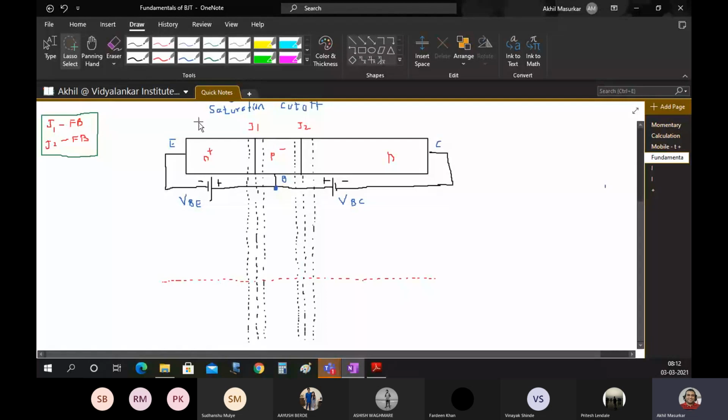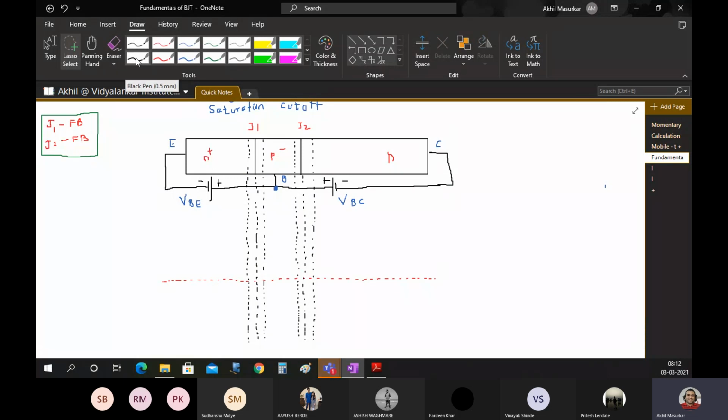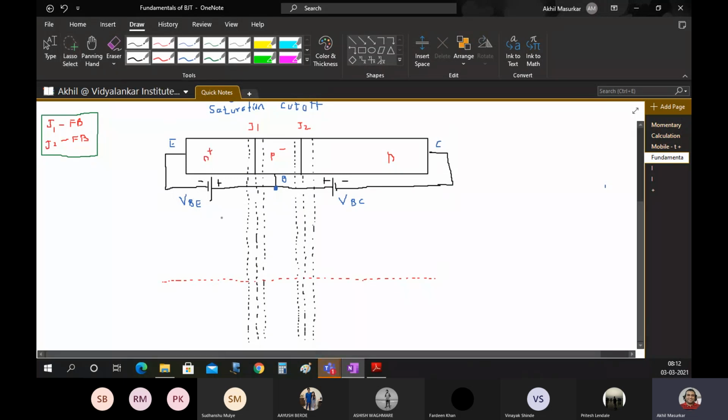Okay. Now let us say here this is n plus, right? So in the case of n plus, you are connecting negative of the supply to n plus. That means you are injecting more electrons into the emitter.